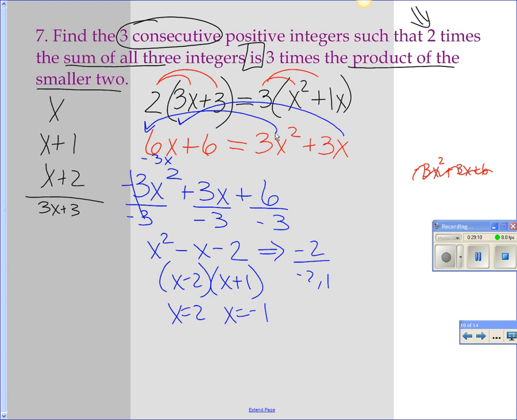Elijah, which one do I want? Why? What does it say up there? Positive, good.